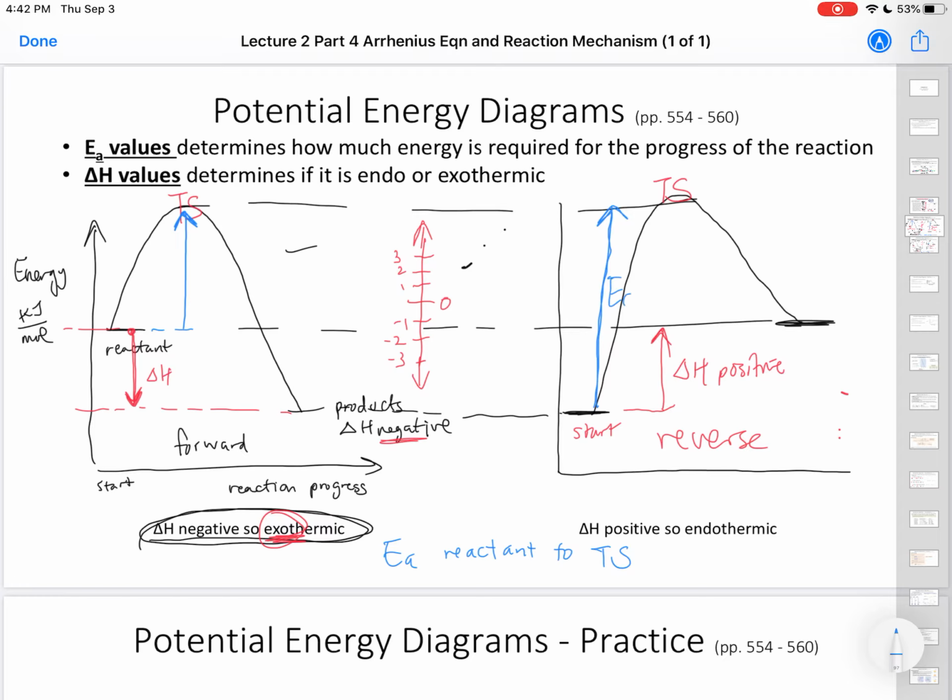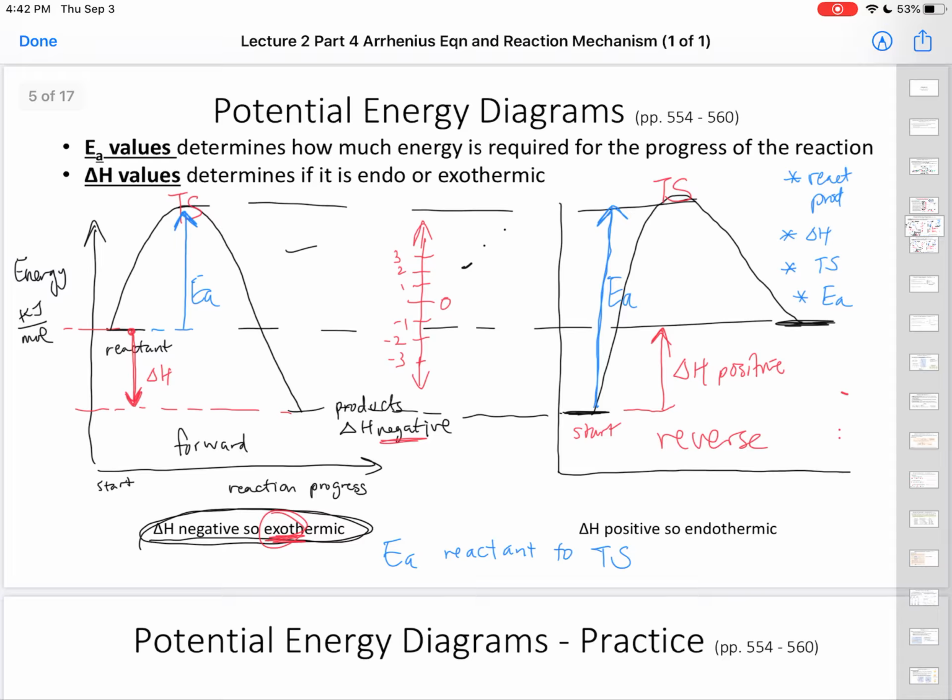It should be a straight vertical line. Hopefully you understand. From this slide, you need to learn how to draw the reactant and the product. You need to be able to label the delta H, label the transition state, and know how to label the energy of activation. These are your key things.